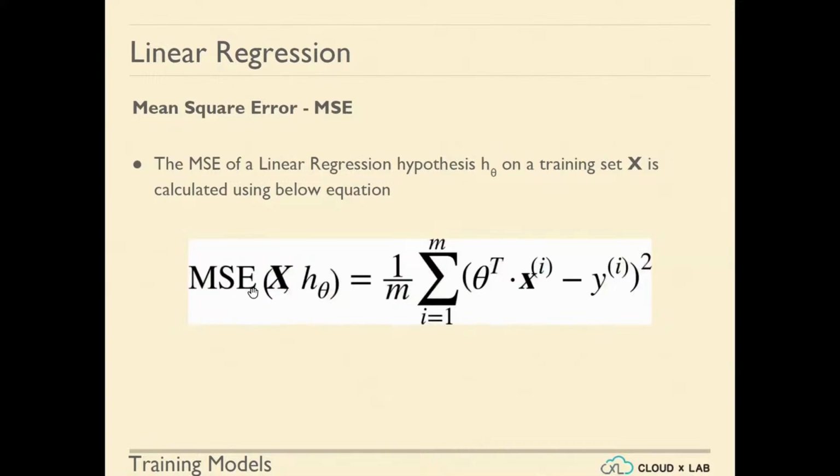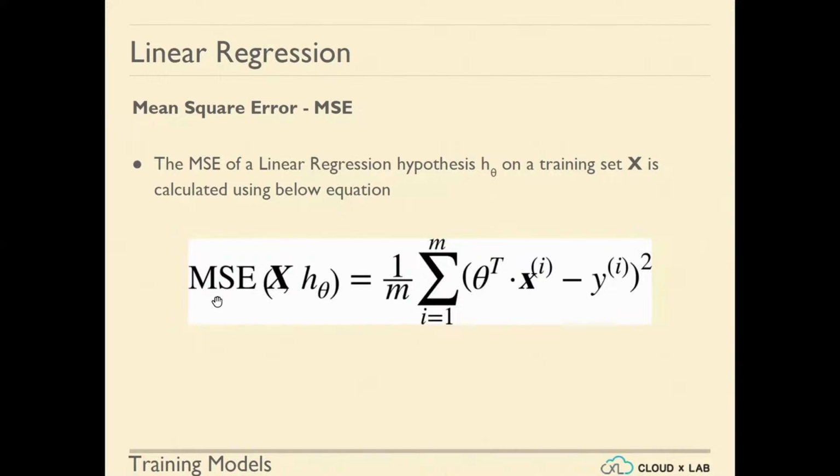Again, the mean square error is nothing but the predicted value minus the actual value, then we square the term, sum it, and then take the average, right? The first term is the model predicted value, because theta transpose x is the model predicted value, minus yi, the actual value, right? And since we have m data points, we sum this error from i equal to 1 to m, and then we do the averaging, because it's a mean square error.